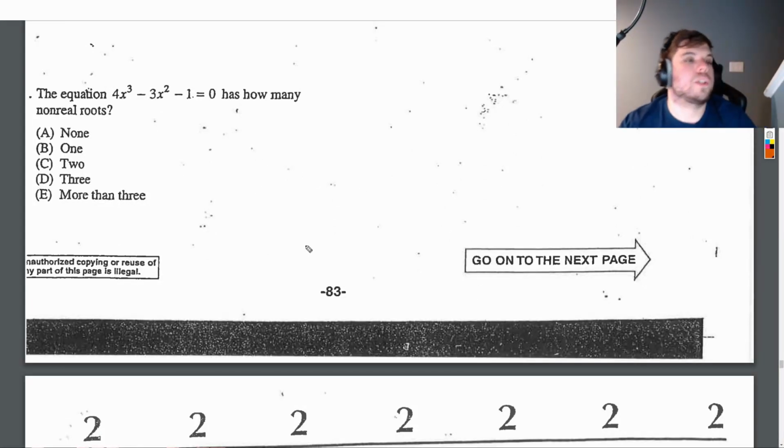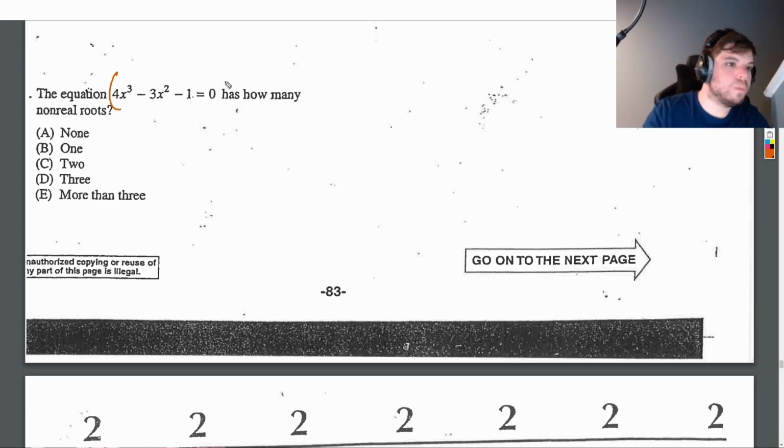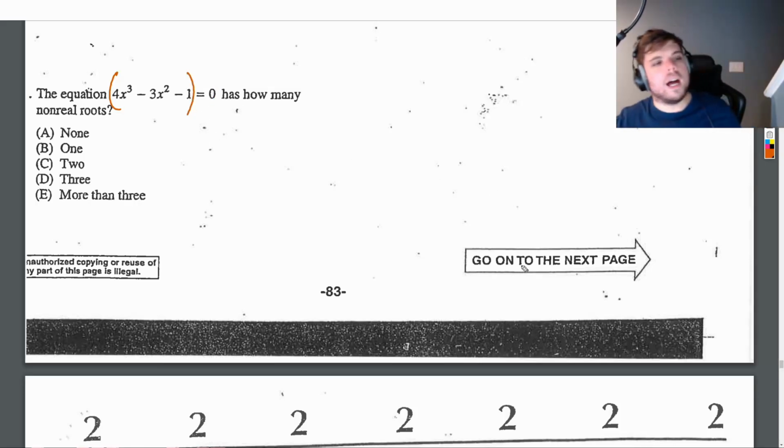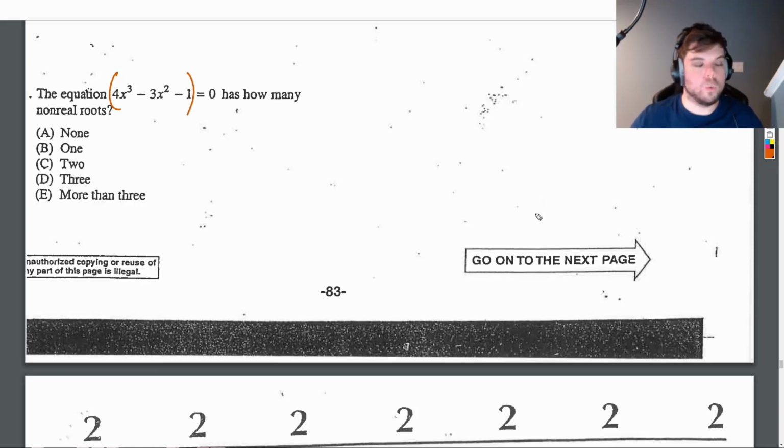The equation 4x cubed minus 3x squared minus 1 equals 0 has how many non-real roots? How many complex roots? Okay, so here's a fact for you. This is a polynomial with real coefficients.